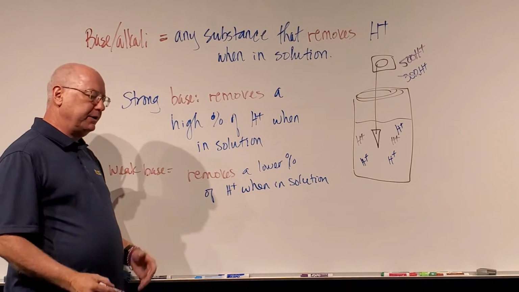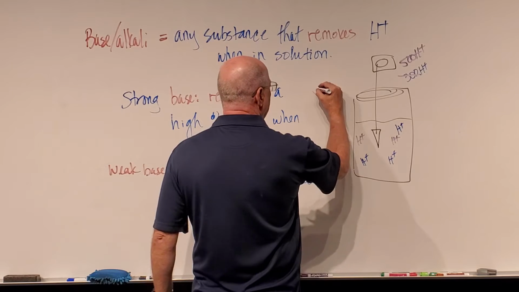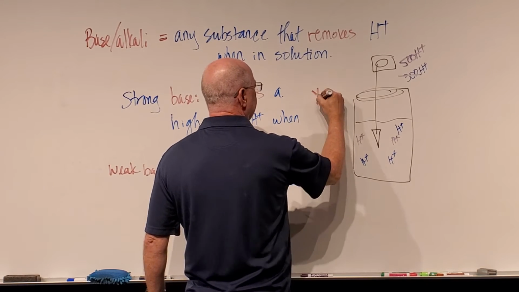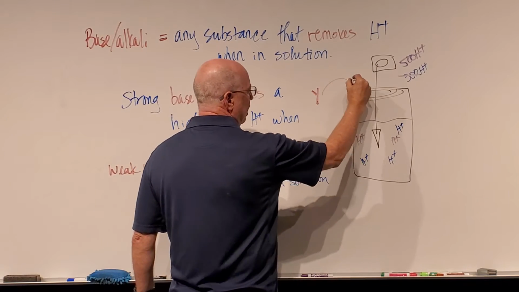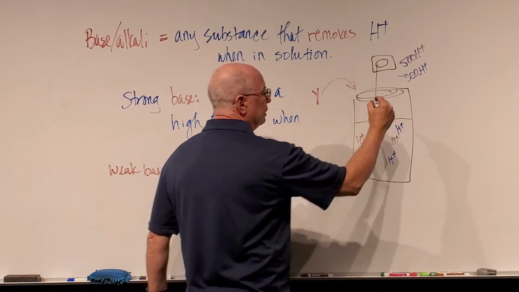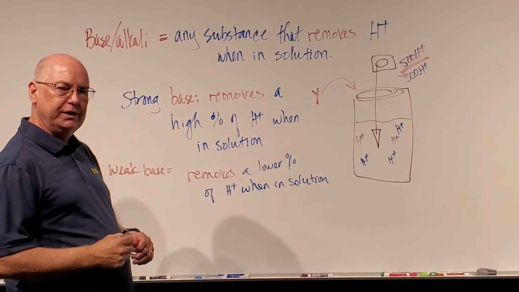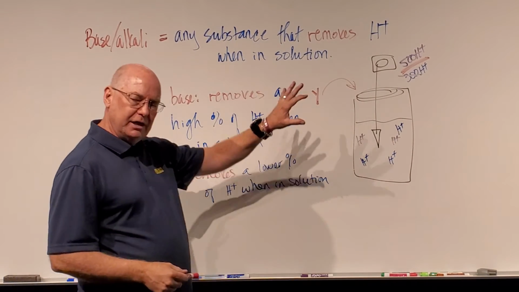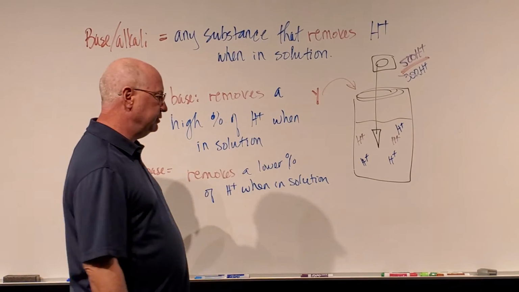What does this mean in practical terms? So let's say I have substance Y. I don't know what Y is, but I got some powdery substance, and I want to dump Y into my solution. My solution tells me I have 500 hydrogen ions floating freely. This is not exactly how it works. We're going to talk about logarithms in a minute, but this is just to get the concept across.